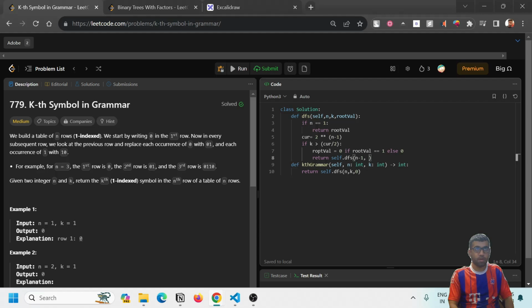We pass k minus curve divided by 2, and this is root value.